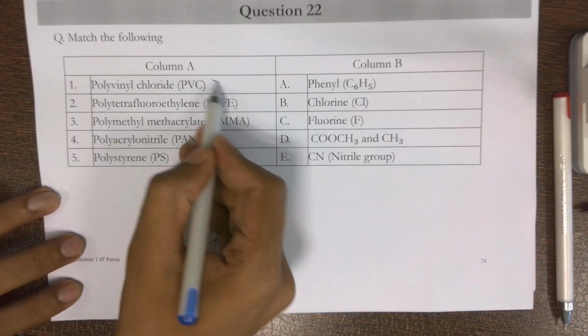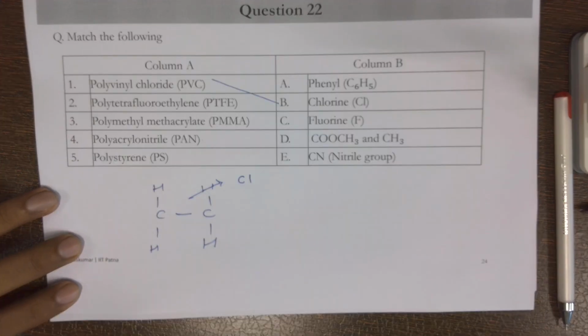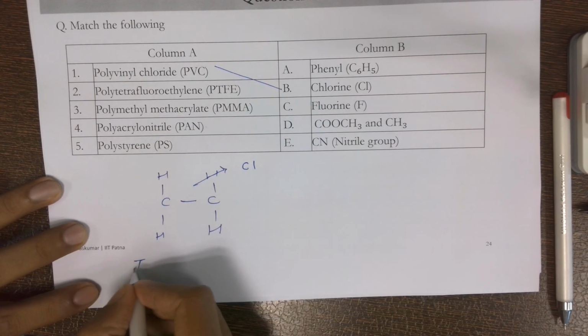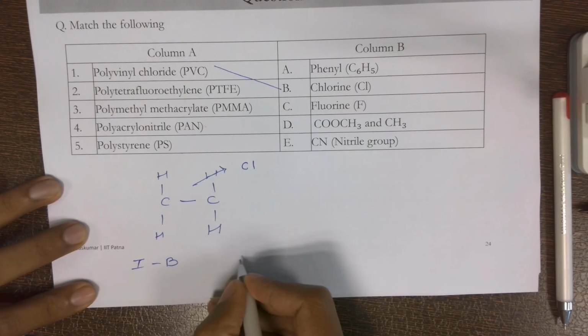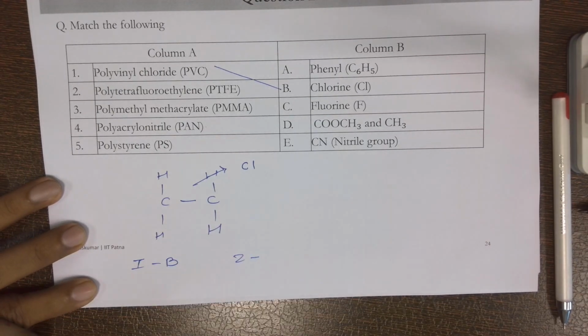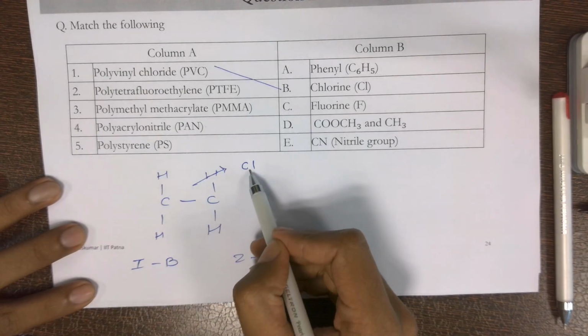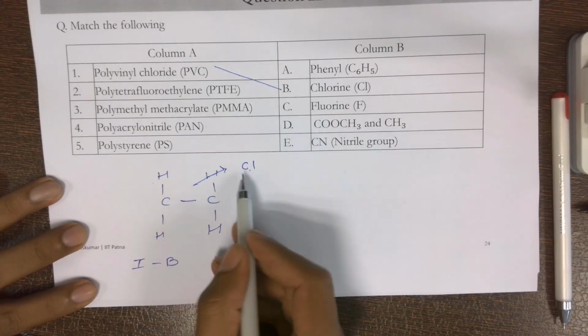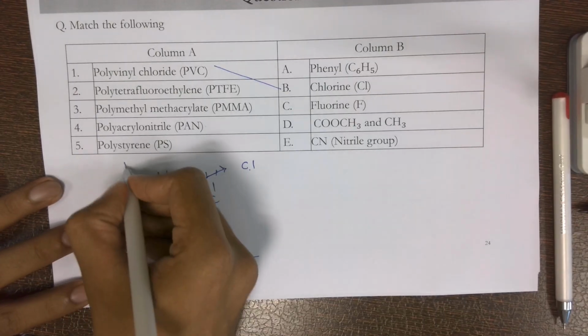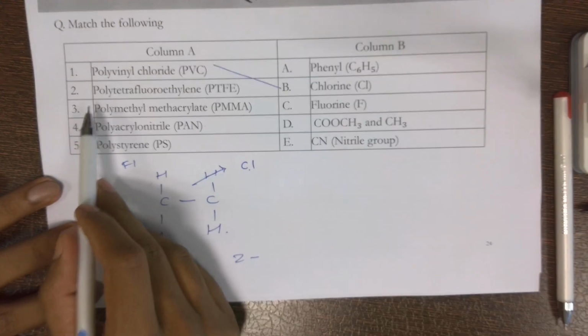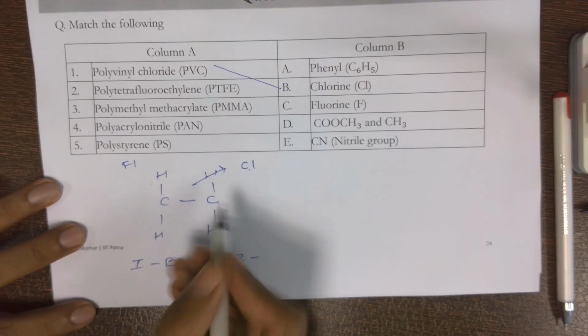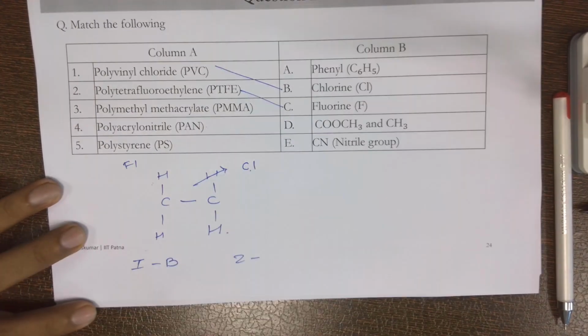So the first one is going to match with B. Now the second one. If I replace all of them with fluorine, I get polytetrafluoroethylene. So the answer here is C.